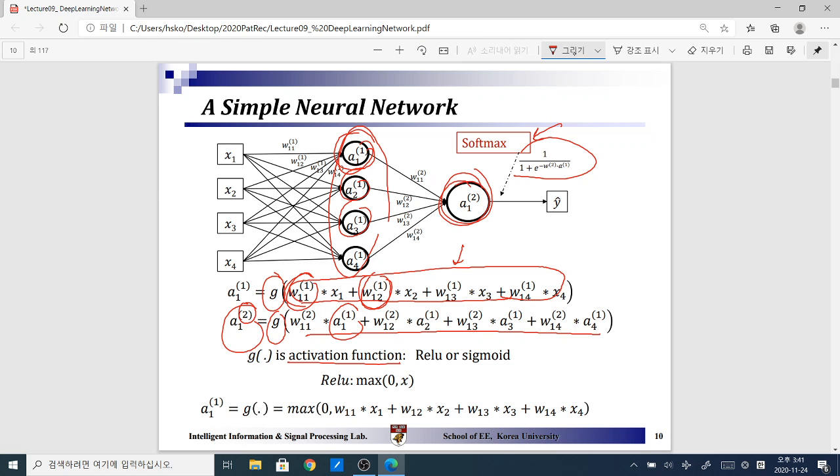And the activation function, or the nonlinear function, is typically either a sigmoid or ReLU, where the ReLU function, as you can recall, would look like this. So this is z and g of z here. Anything with z less than 0 would be 0, and if it is greater than 0, then it's linear.